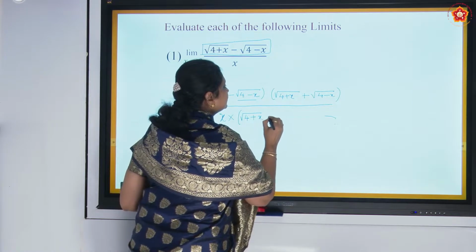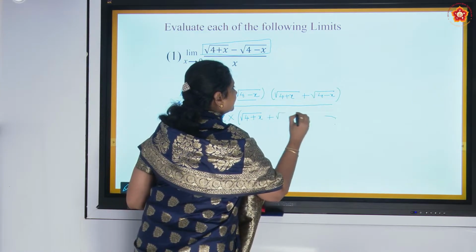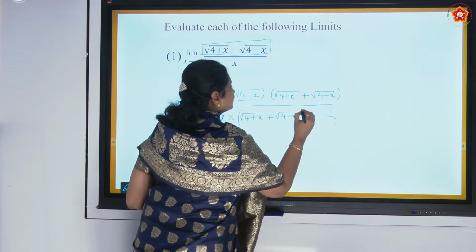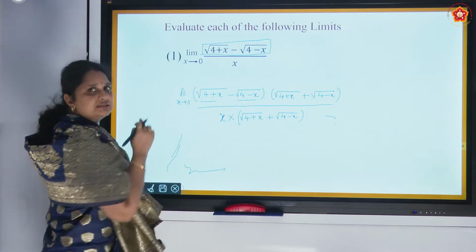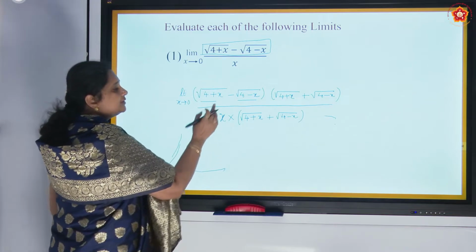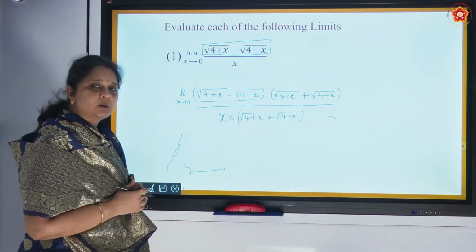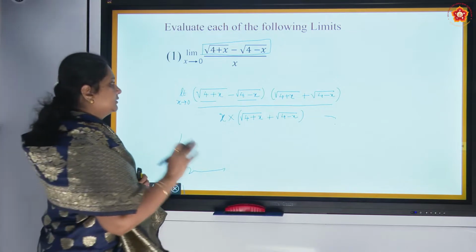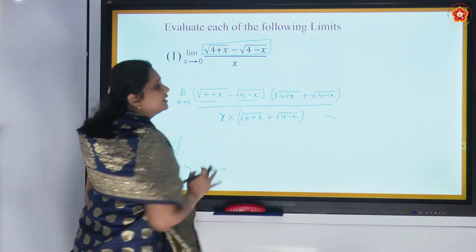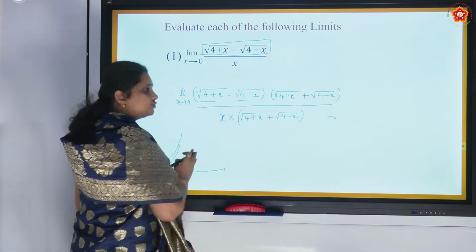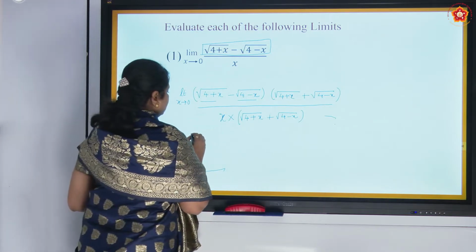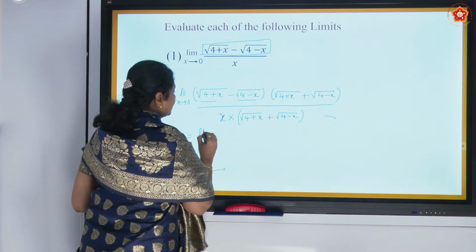I'm just rewriting the function, that's it. So this is as good as the previous function. I have not made any changes. I'm multiplying equal quantities onto the numerator and the denominator, right? So I'm choosing the rationalizing factor of it so that I get rational numbers to help me substitute my limits.